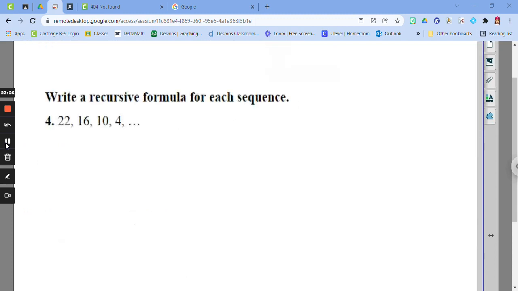So, I'm going to check arithmetic first. We're adding a -6, adding a -6, adding a -6. So we're good to go. That is an arithmetic.